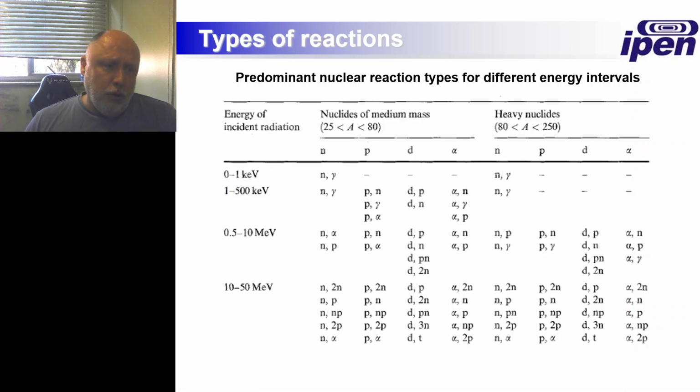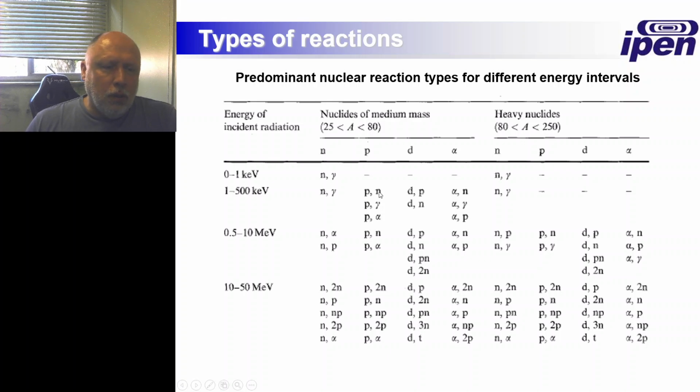When you increase the energy a bit, you see some simple reactions happening. So low energy, essentially (n,gamma), but you may have also some (n,alpha) reactions and that. You increase the energy, and all of a sudden you start to have other reactions possible too. But very simple reactions, right?